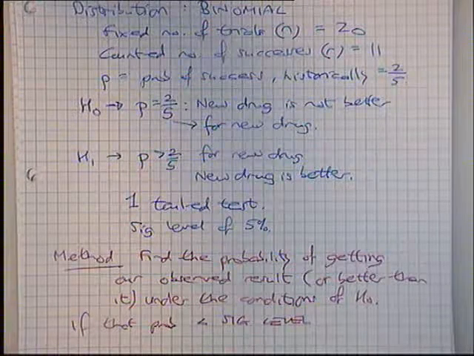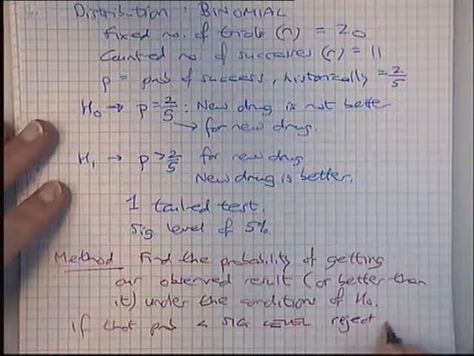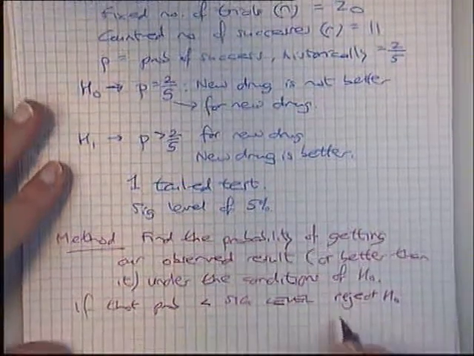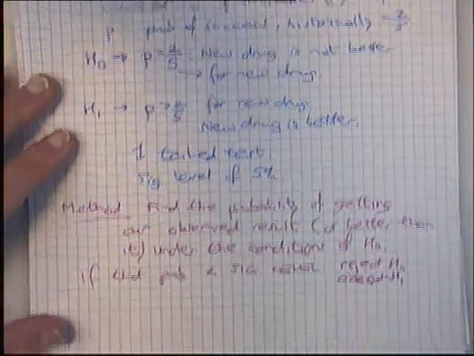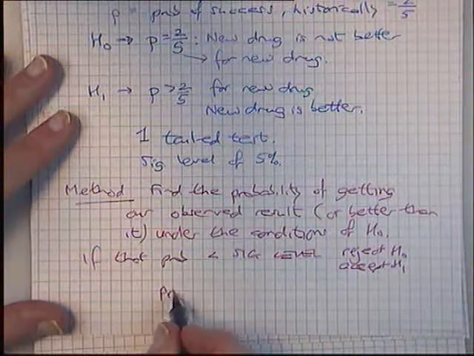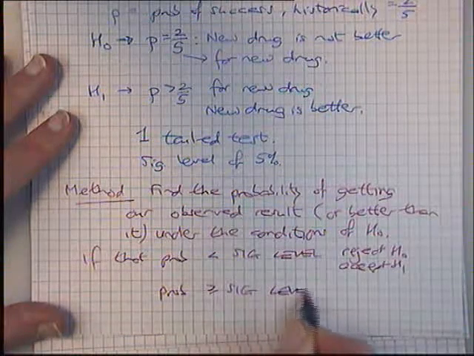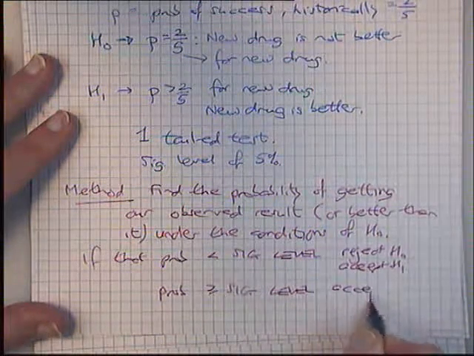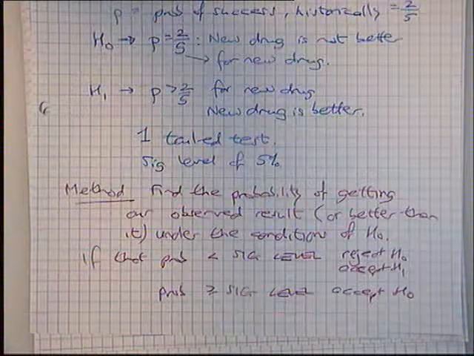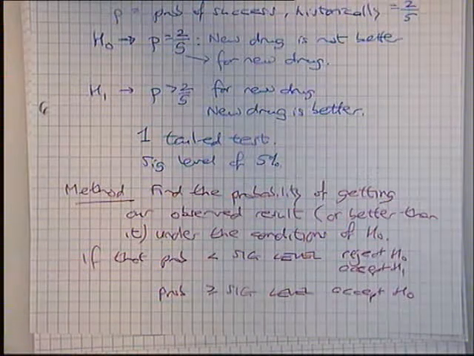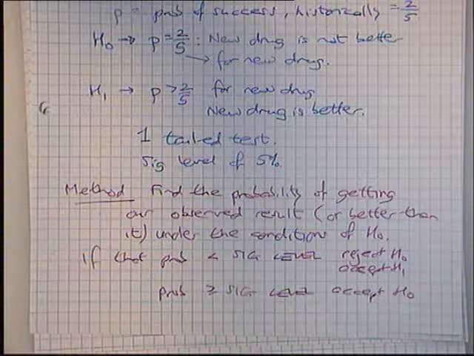We will reject H0 and we will accept H1. However, if the probability is greater than or equal to our significance level, we will just accept H0, saying, well, there's quite a high chance that could have happened anyway under the old drug, so no evidence of any change. So that's the methodology we'll use, and at this point I'll just stop this video clip and I'll start another one.